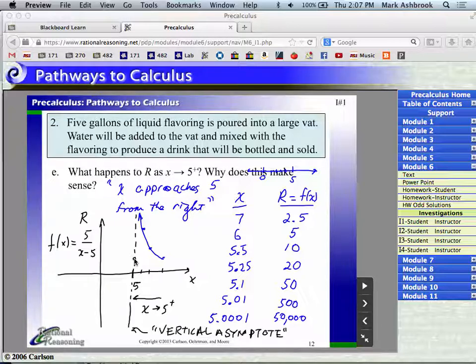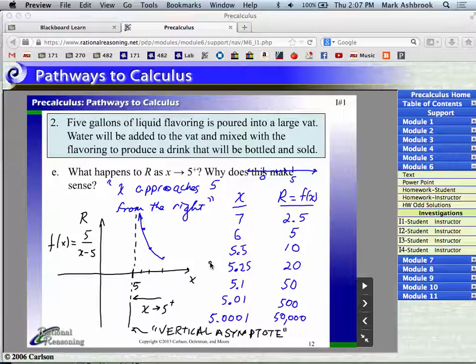The root of the denominator is 5. As we get close to that 0 in the denominator, the fraction gets really, really large. And at that root of the denominator, the function doesn't exist. You can't get a value.